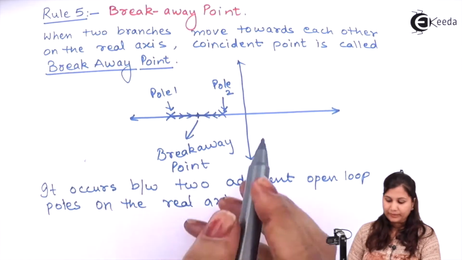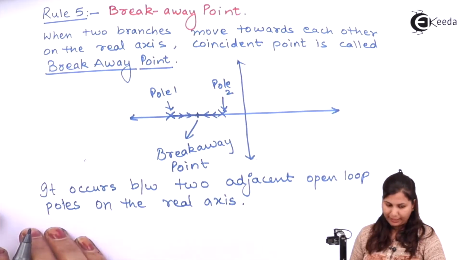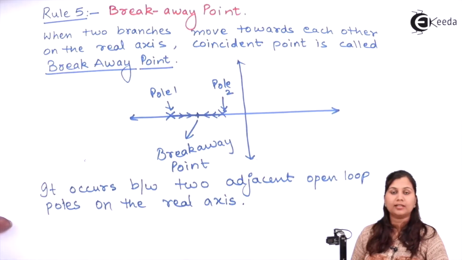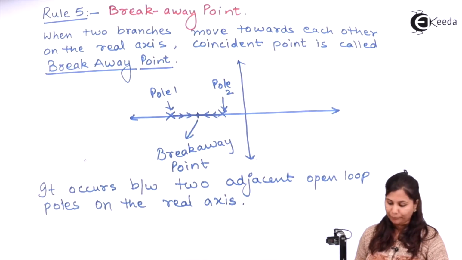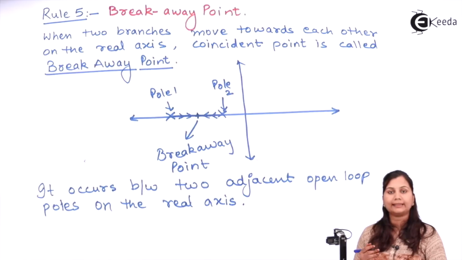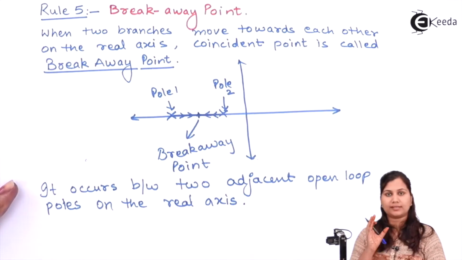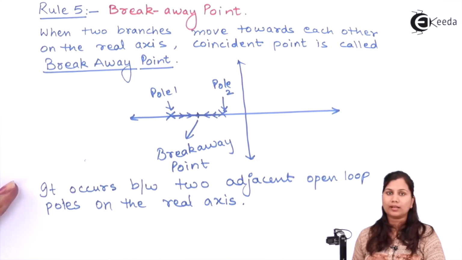Now, how can we calculate this breakaway point? It can be calculated by differentiating G(s), the open loop transfer function of the system, with respect to s, and then equating that differentiation to 0.